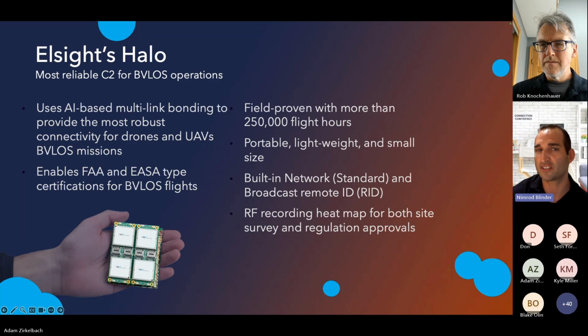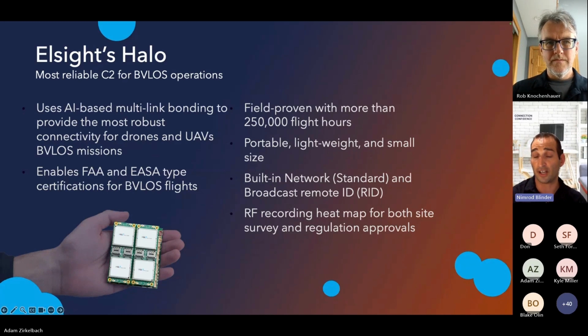From 2018, we decided to focus on unmanned systems in general, and drones specifically, providing what we call absolute connection confidence. In 2020, we launched our Halo device, which you can see on the slide, aiming to be the standout solution for reliable C2 for BVLOS operations.